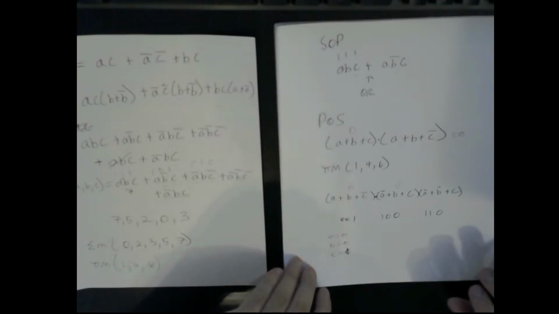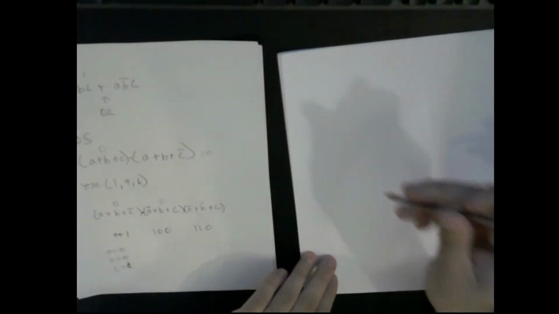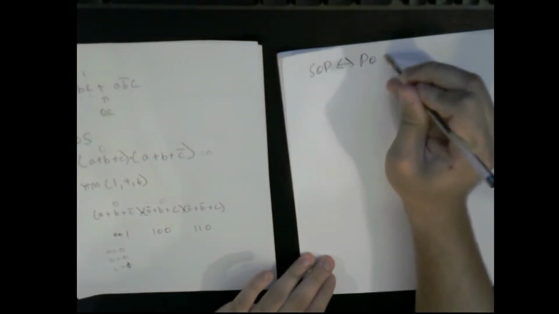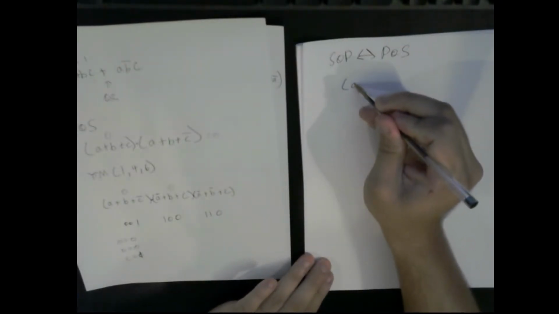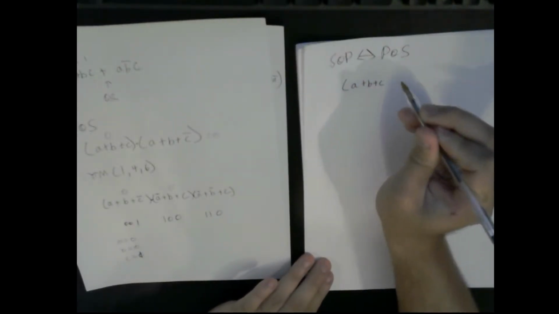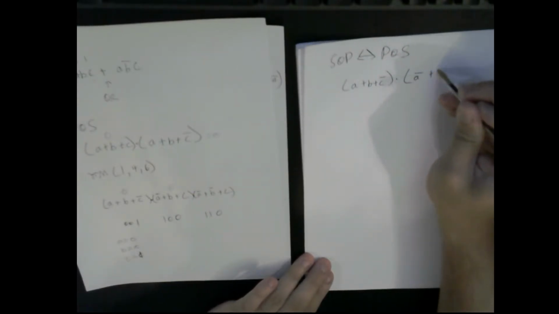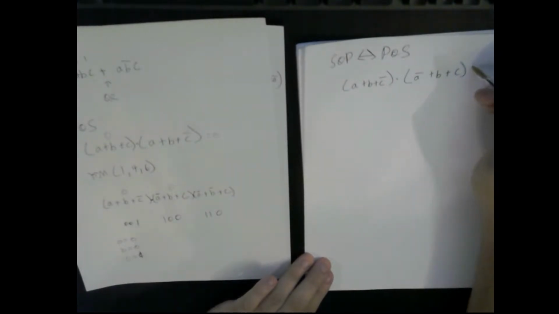All right. I'm going to use this to segue into another type of deal here: what if I want to go from SOP to POS? How do I do that? So just for kicks, I'm going to take this POS equation we just figured out, A plus B plus C, and I'm going to convert this to an SOP equation.